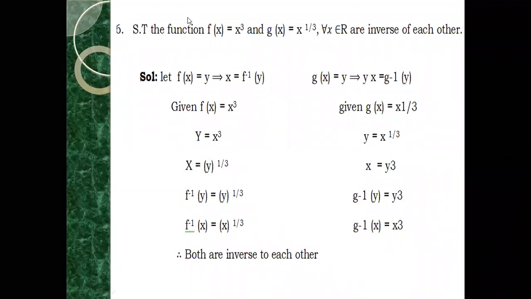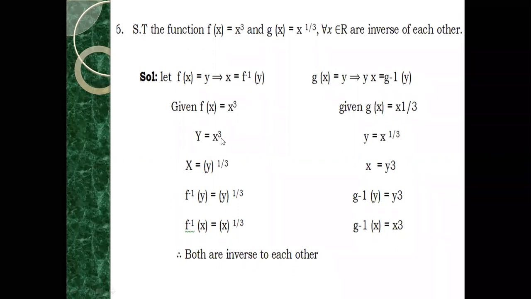So we need to find f inverse of x and g inverse of x, and show both are inverse to each other. Let f of x is equal to y, from that x is equal to f inverse of y. The given function is f of x is equal to x cube. We replace the f of x value: y is equal to x cube.